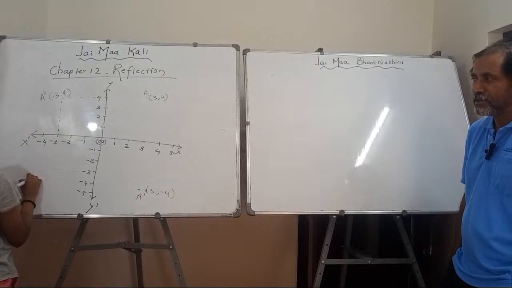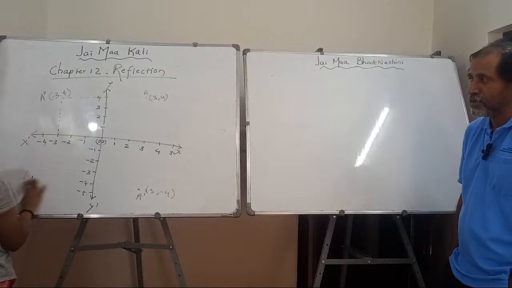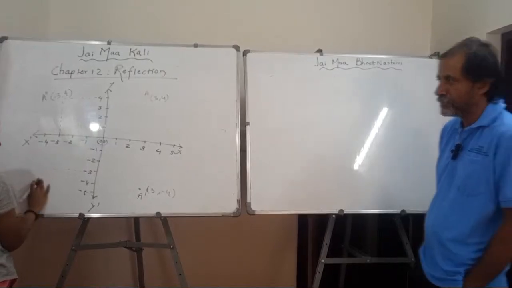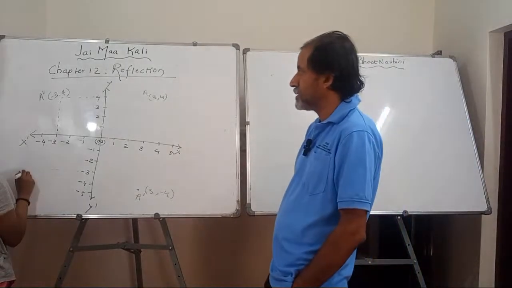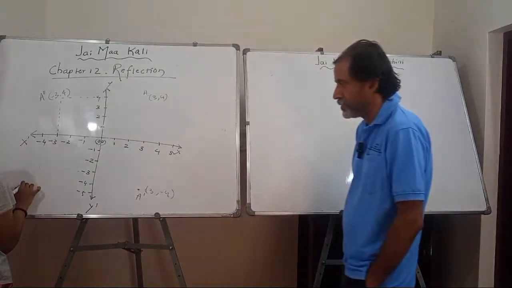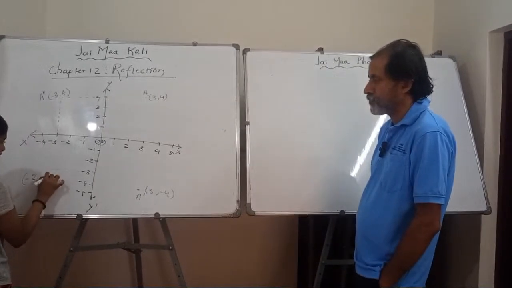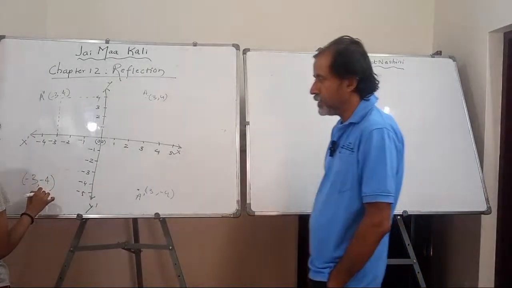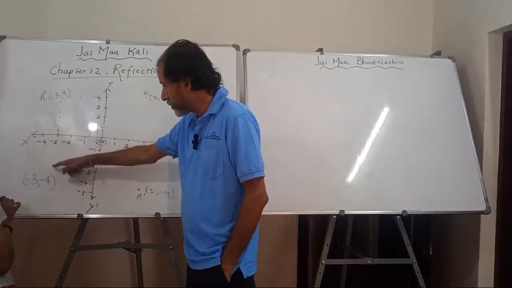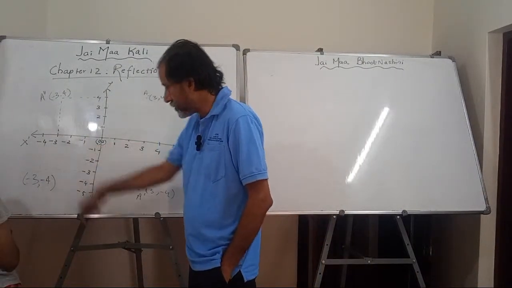X will be -3 and Y will be -4. So you have to bring it from here to there.